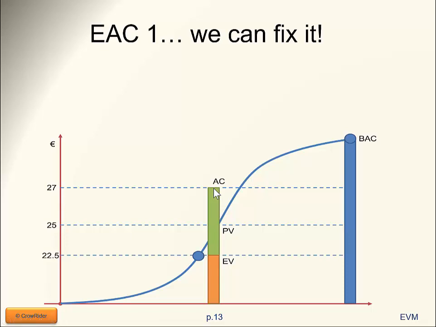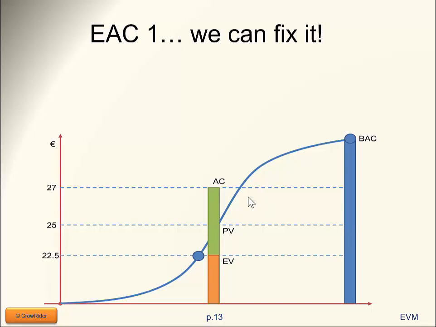But I've identified the root cause for the deviations. I can fix it, and I have fixed it. Therefore, from today onwards, this deviation should not impact me any longer. The rest of the cost baseline should be respected. Since nobody is going to give me the money back that I have already spent, I simply need to take the deviation I've had so far and move it down to the end, because that's the only deviation that I will have.